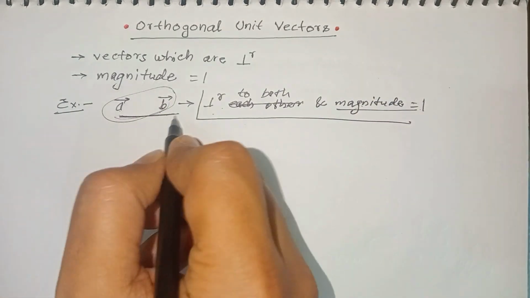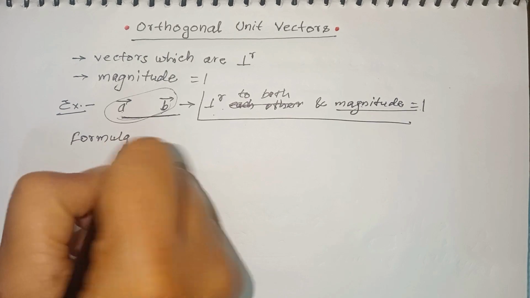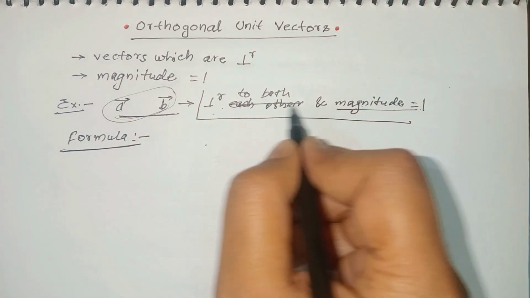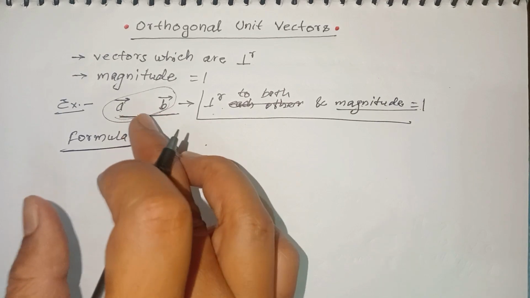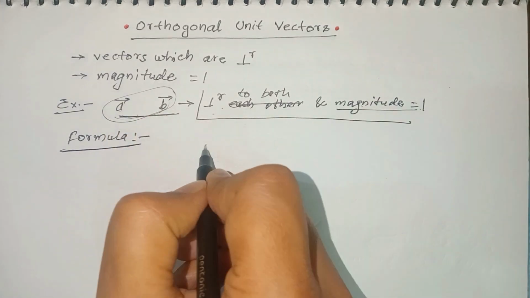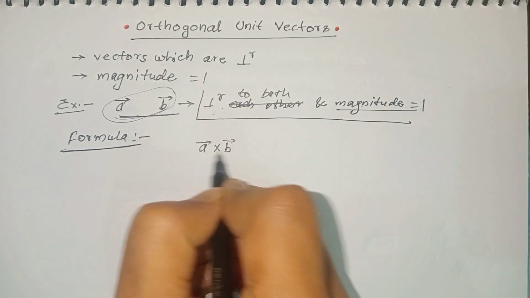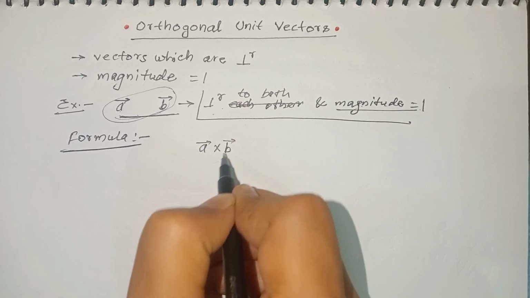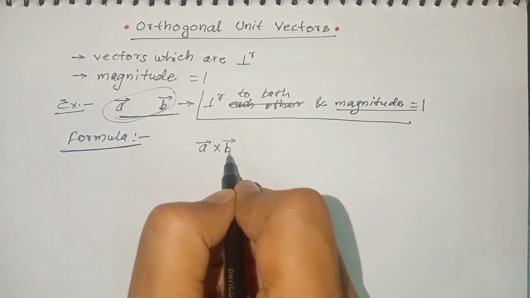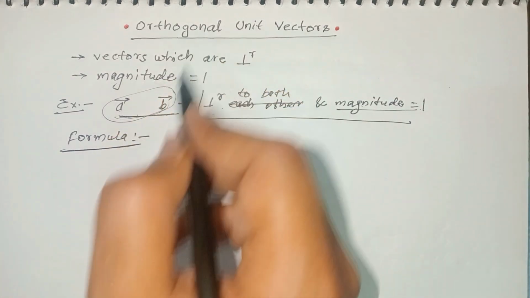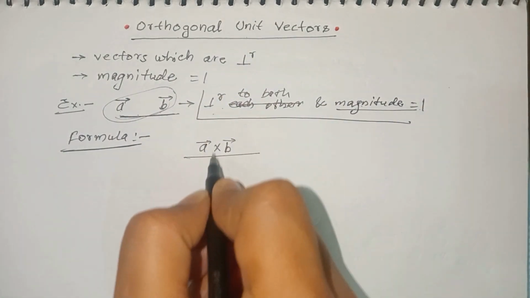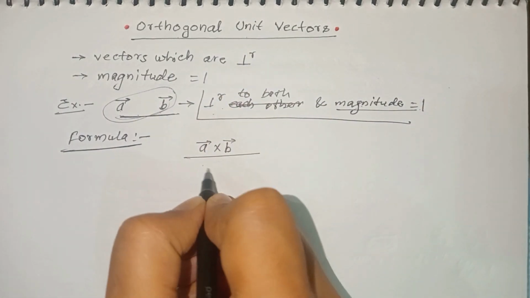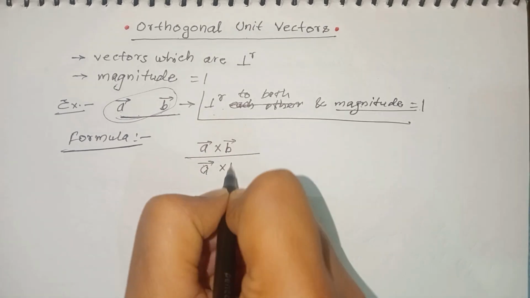How to find the orthogonal unit vector? What is the formula? At first we should see which operation makes a perpendicular vector along A and B. That is simply the cross product. By the cross product we get a vector which is perpendicular to both A and B, so the orthogonal condition is met. Now to make it a unit vector we divide it by its magnitude, the magnitude of the cross product.